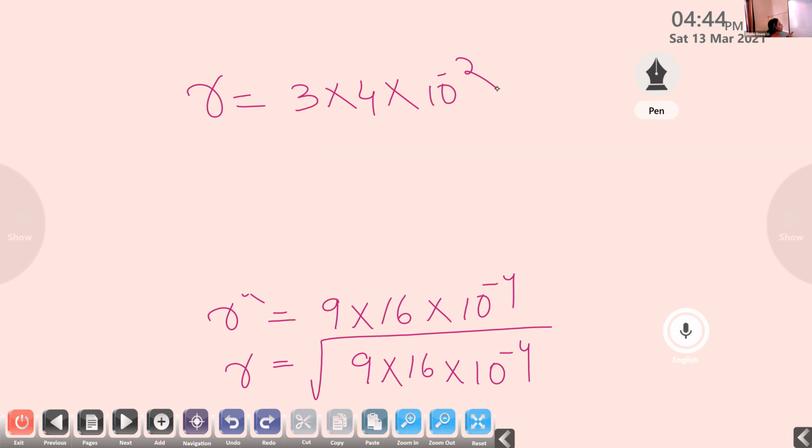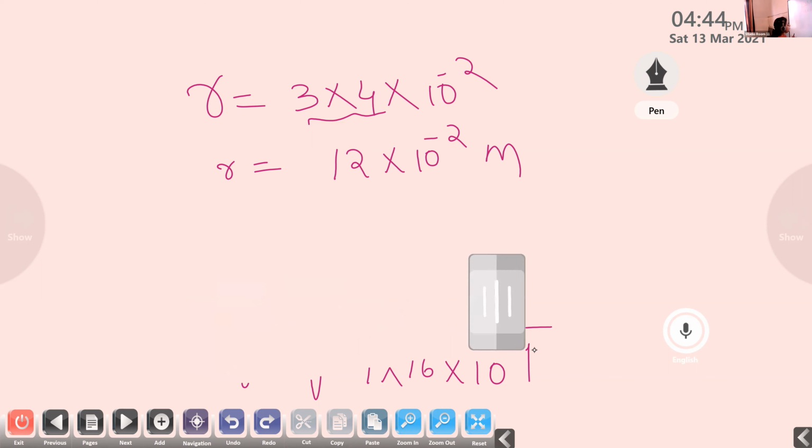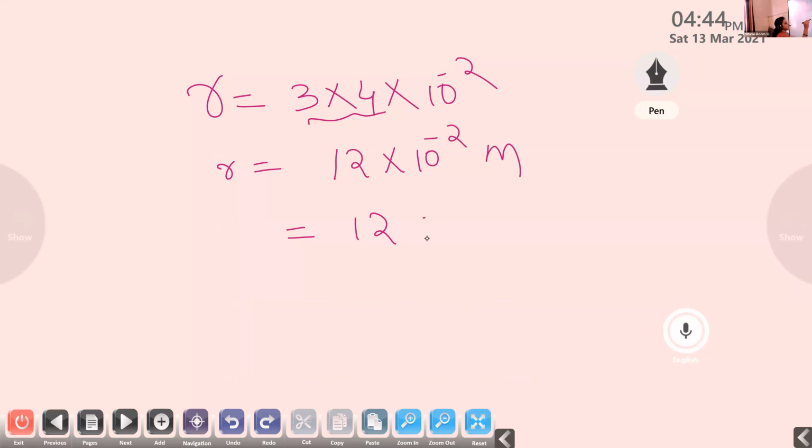So R is equal to 3 into 4 into 10 raised to negative 2, which is 12 into 10 raised to negative 2 meter. This is the unit of distance, meter. Or we can write it as 12 centimeter. So this is the distance of separation between the two charges.